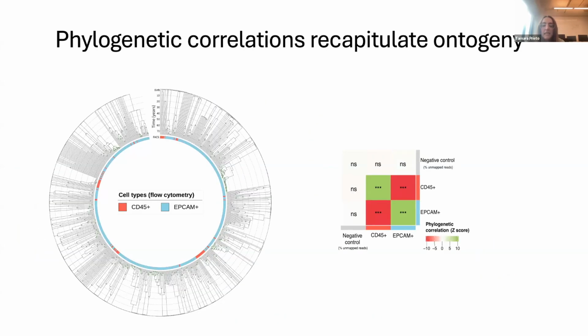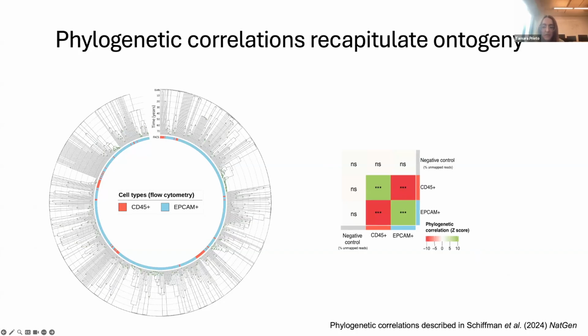And after mapping the index ordering information, we noticed that immune and epithelial cells were not completely separated on the tree, although cell types still form distinct clusters, as shown by the significant positive autocorrelation and negative phylogenetic cross-correlation.